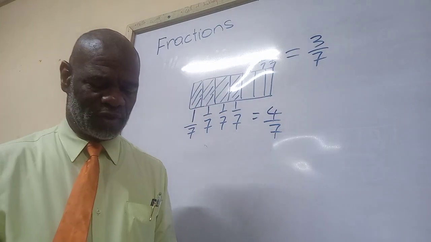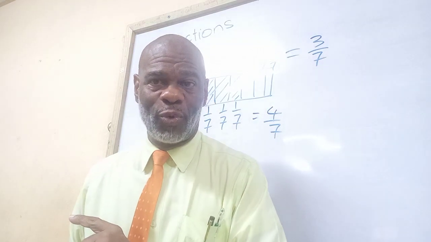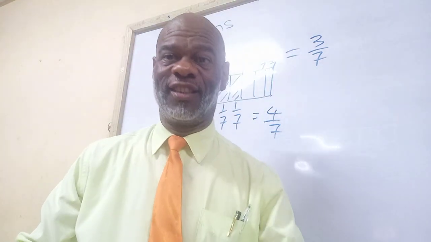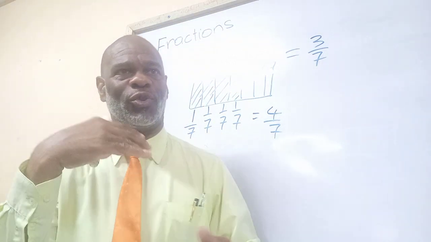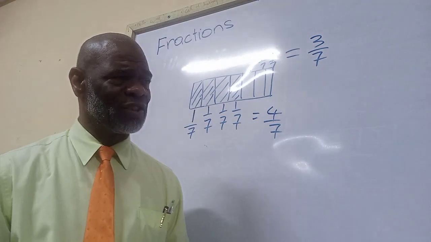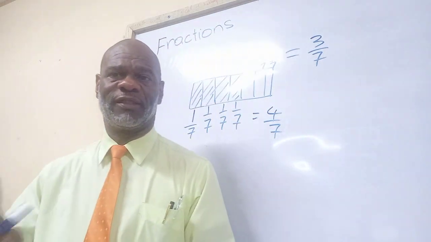Alright? We're going to stop right there for today. In our next class, we are going to be looking at equivalent fractions. So I want you to go read up on equivalent fractions, and remind yourselves of what fractions are. We say fractions are part of a whole.